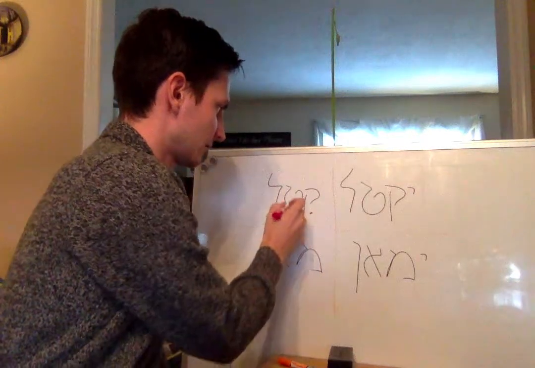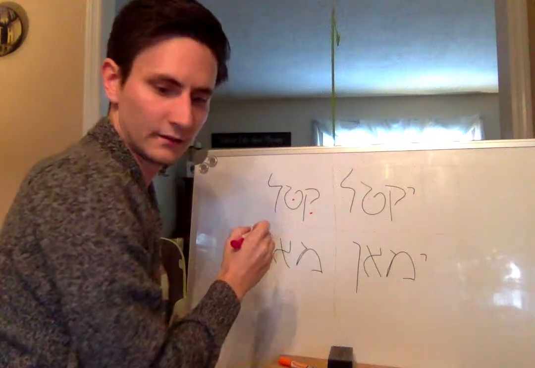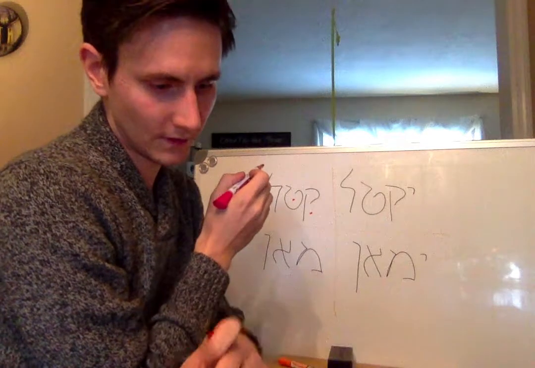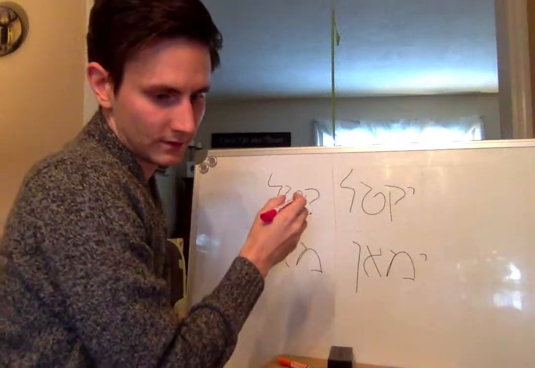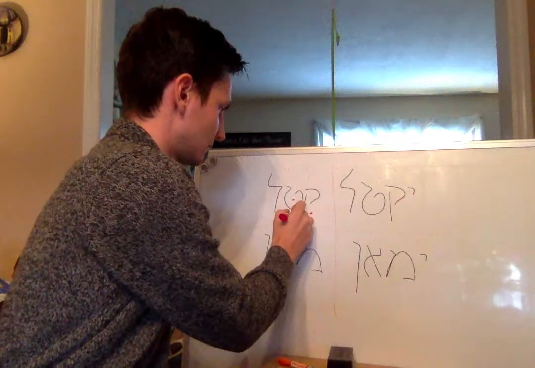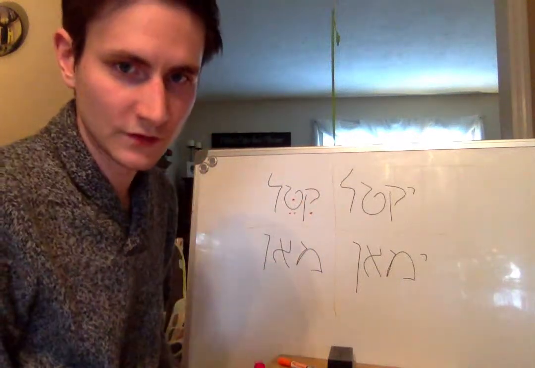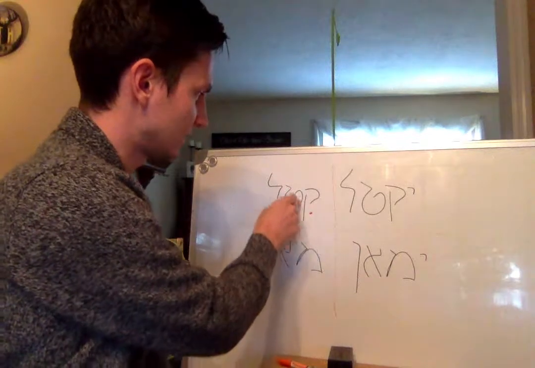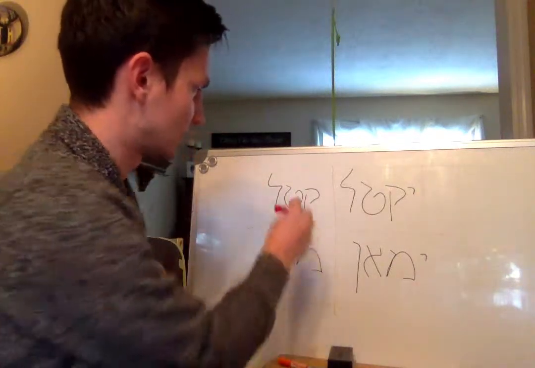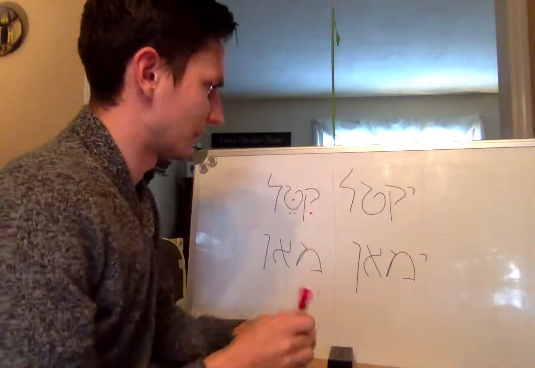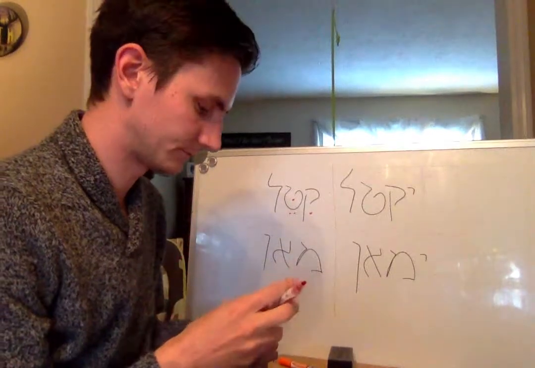So hirek, doubling, and then a tzere. Okay, so you see that? Kittel. We see the hirek and the doubling, and that's how we know it's a Piel.